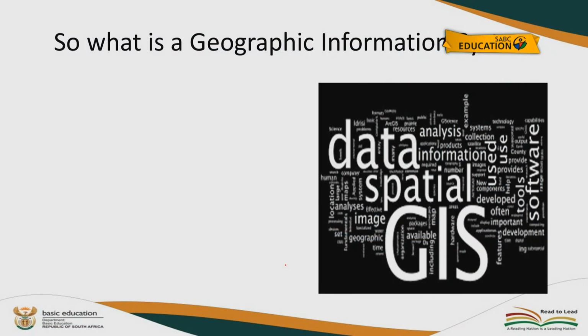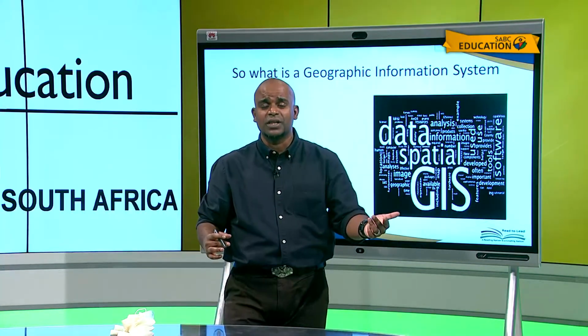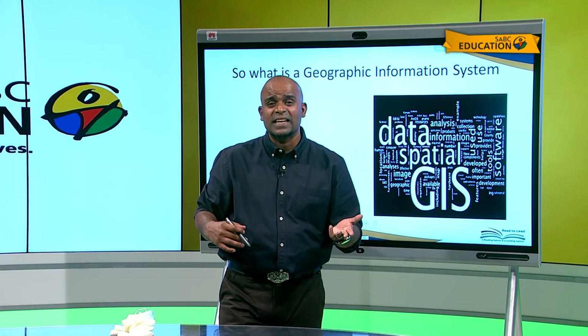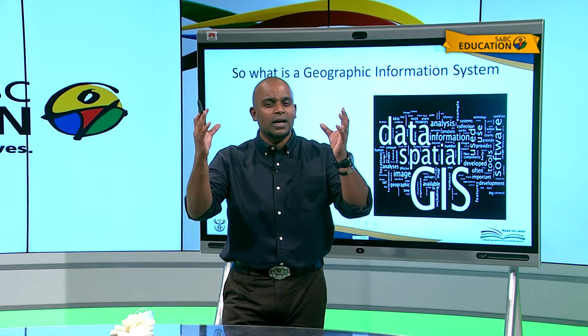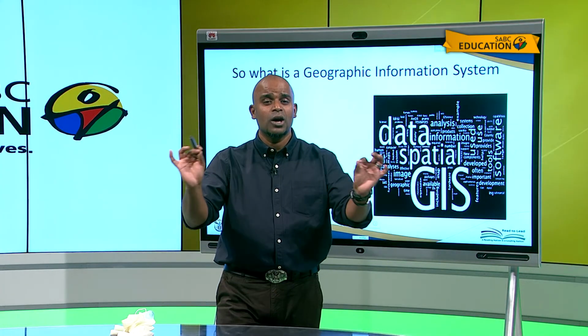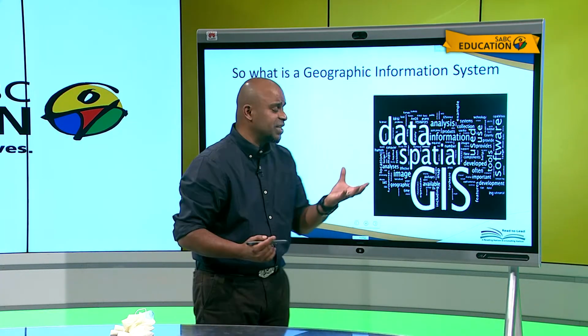Now, we can define geographical information systems using all the concepts that we've discussed, that have come together in terms of data collection, data processing, data storage, data analysis, data manipulation. What did we have? We had various different aspects, concepts that came together in order for us to understand what a GIS is.